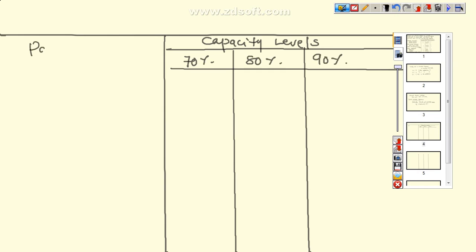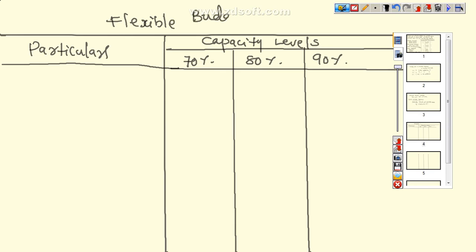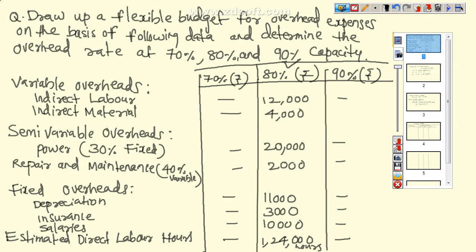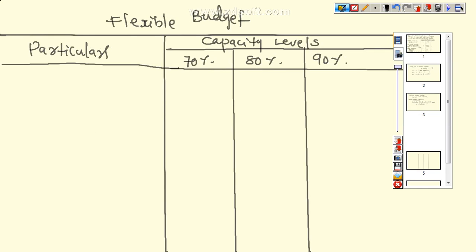Here we write particulars. And here this heading we write flexible budget. So according to the question, first information is variable overhead. So first we write it here variable overhead.